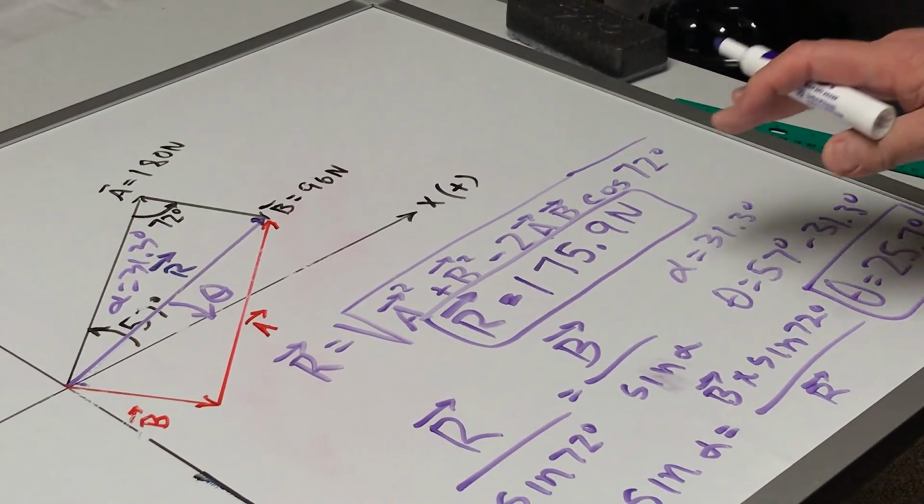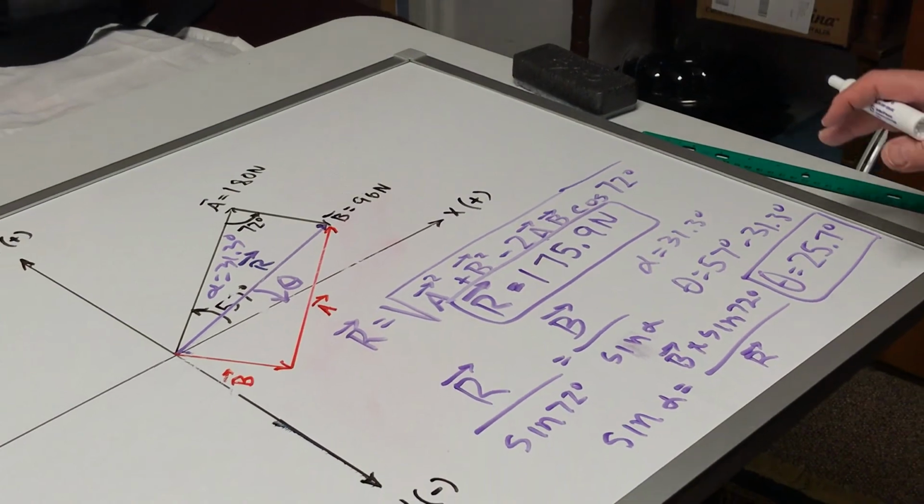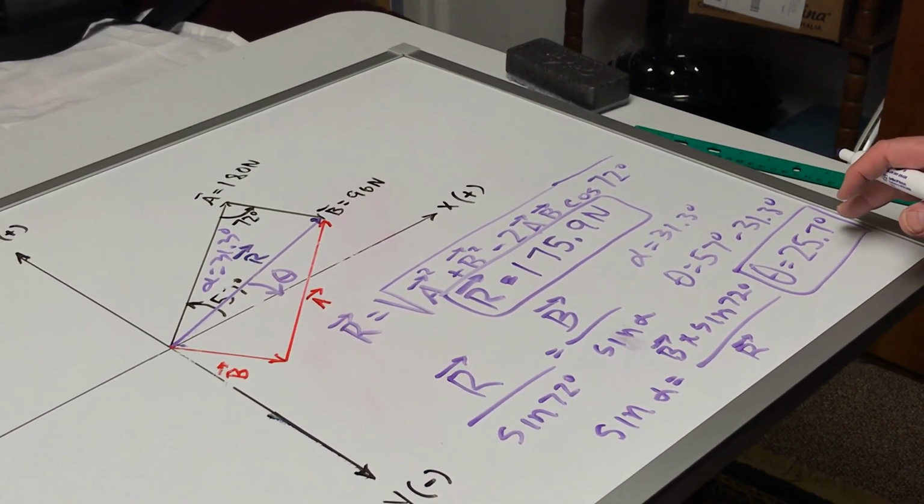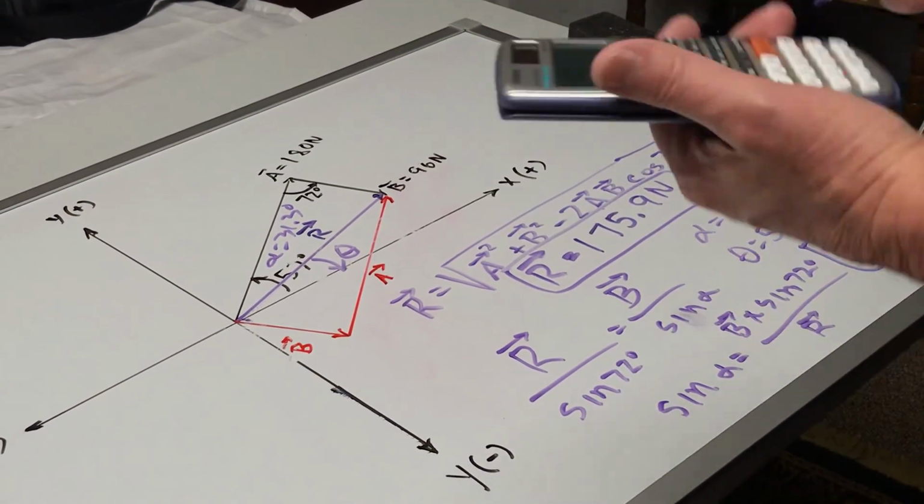So our resultant vector is 175.9 newtons, making an angle of 25.7 degrees with the positive x-axis.